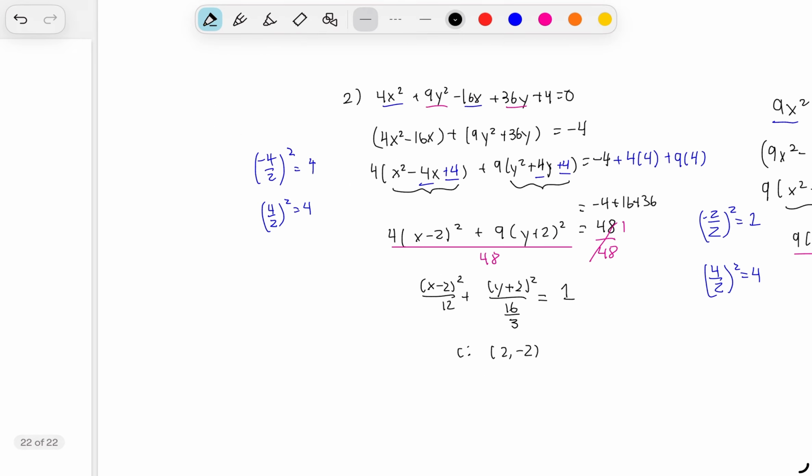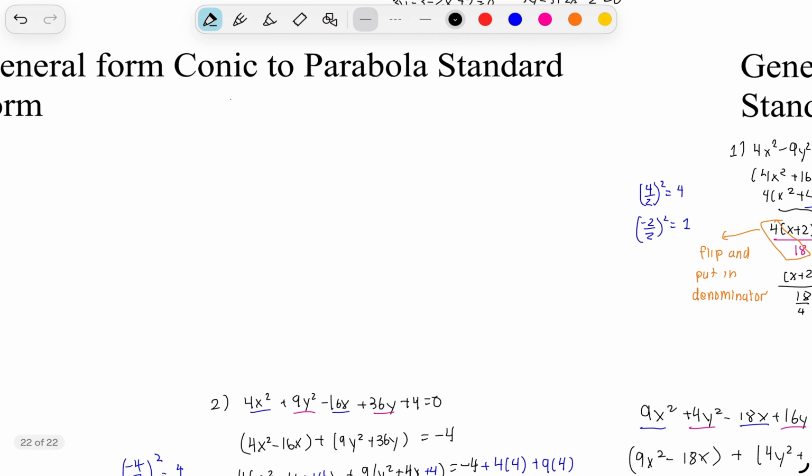For your third example, you're going to have 16x squared plus 25y squared plus 64x minus 50y minus 161 is equal to 0. So you're first going to group.